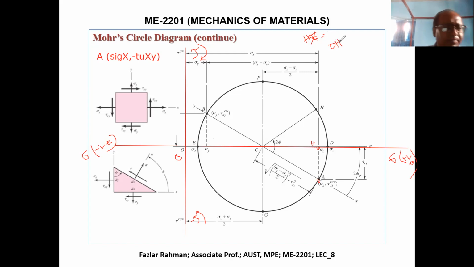OC is equal to sigma x, because first we plot sigma x, we run from the origin to C, then we go down. So OC is sigma x, right? That means the length of OC is equal to sigma x, and the length of CA will be equal to tau xy. This is equal to tau xy.